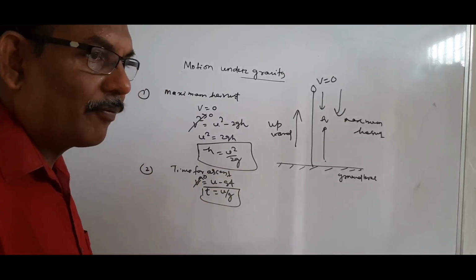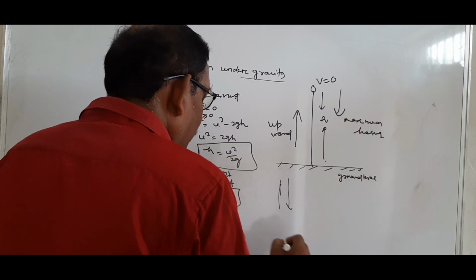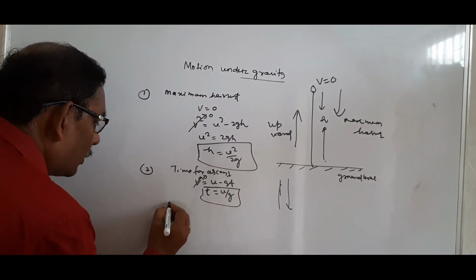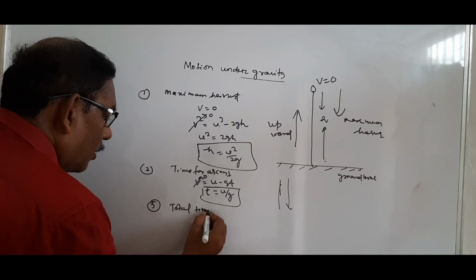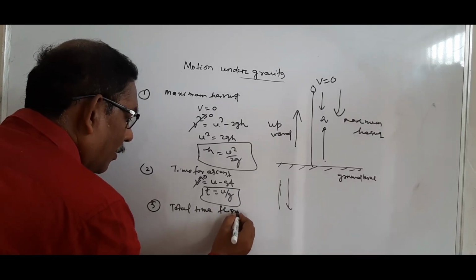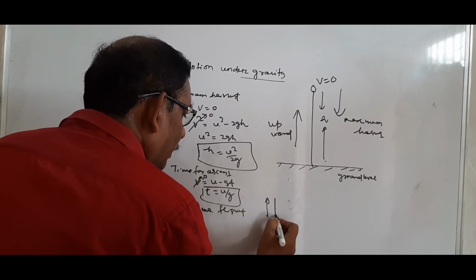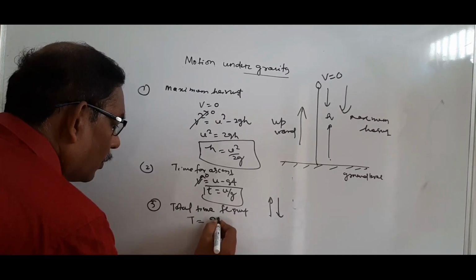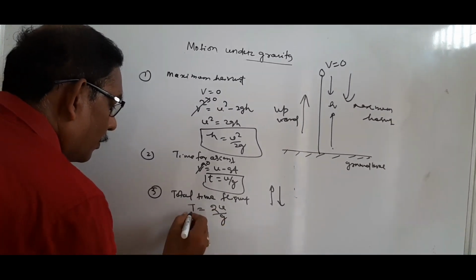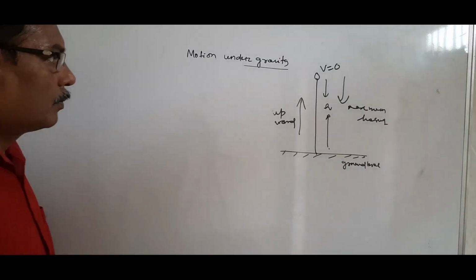So what is the total time of flight when the body goes up and comes down? Total time of flight, when the body moves up and down, is t equal to 2u by g. This is the total time of flight.